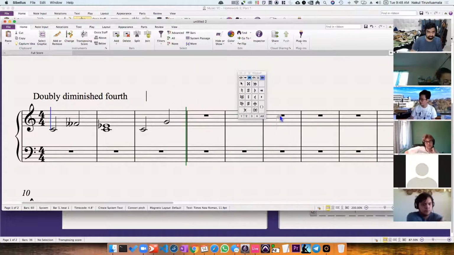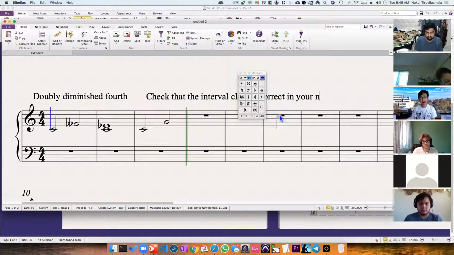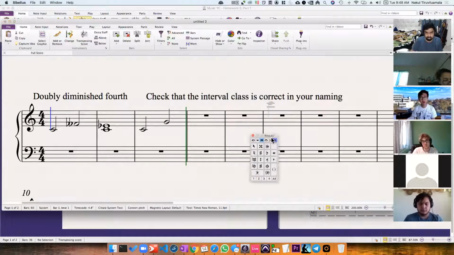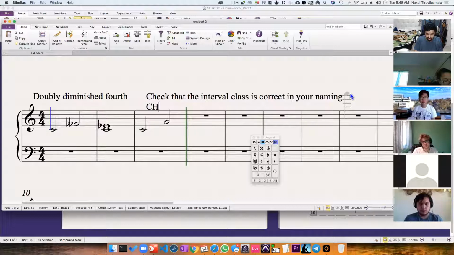You have to check that the interval class is correct in your naming, and you have to check that the correct number of half steps matches the naming.